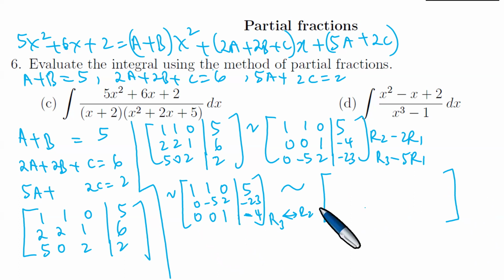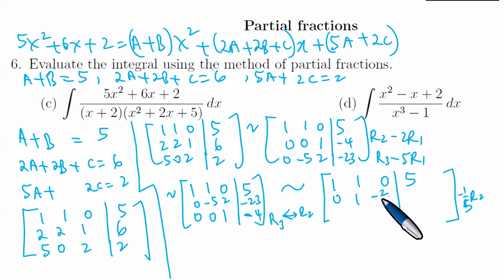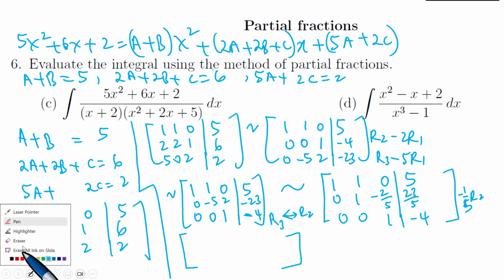So the way to do that would be to multiply row 2 by minus 1/5. 1, 1, 0, 5. 0, 1, minus 2 out of 5, 23 out of 5. 0, 0, 1, minus 4. And then now you continue with the row reduction process.